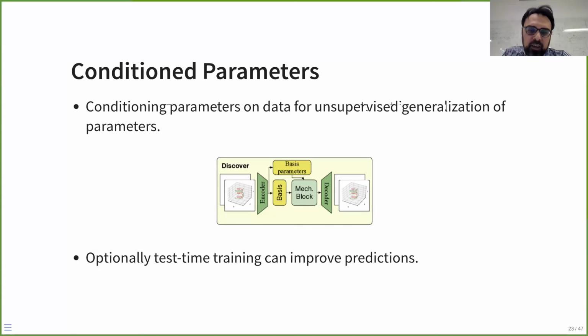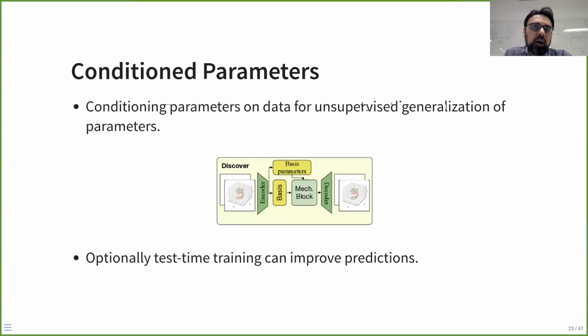But now suppose we have a data set with varying coefficients. Each data set perhaps has the same equation, but with varying parameters. So what can you do in this case? One approach is to retrain the method for each trajectory.